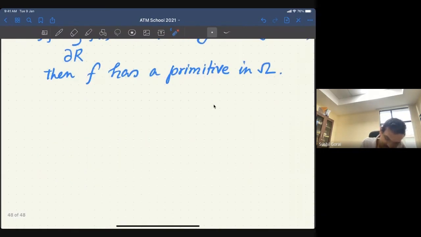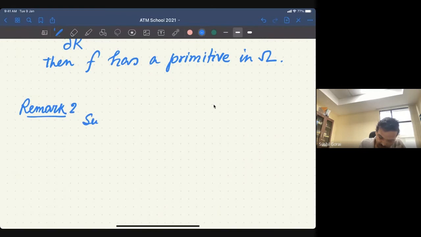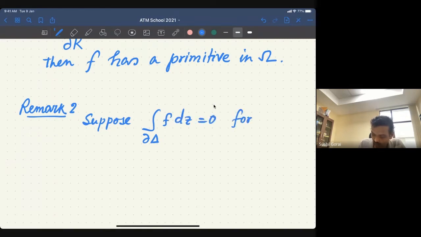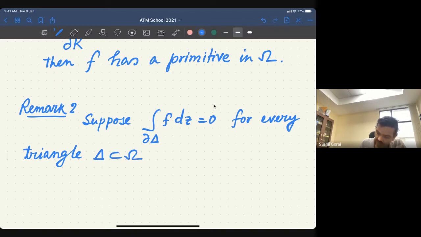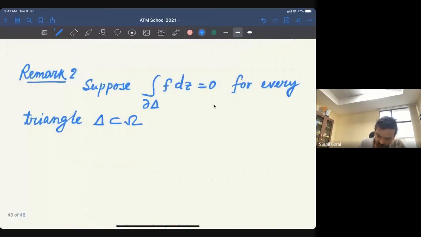Remark 2. Suppose the integral over the boundary of a triangle of f dz is 0 for every triangle Delta inside Omega. Then what do you get?